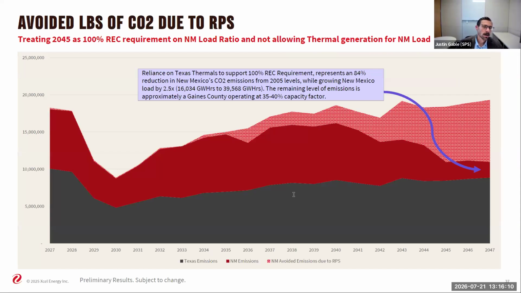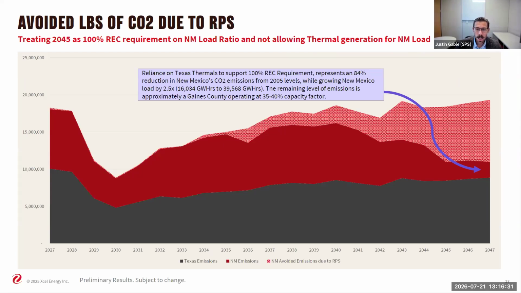Okay. All right. So where does this modeling approach get us to? On this graphic, you're going to see a gray, a red, and a hatched red color. The gray indicates Texas emissions. The red indicates New Mexico emissions.